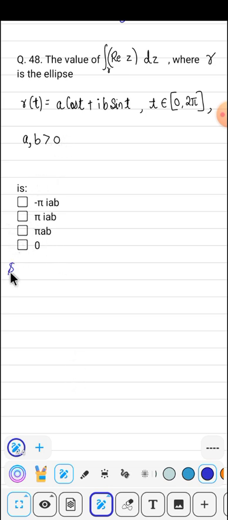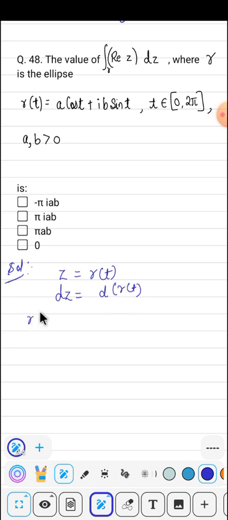Let us start solving. We know that our z is equal to r of t, right? Then dz will be equal to d by dt of r of t.